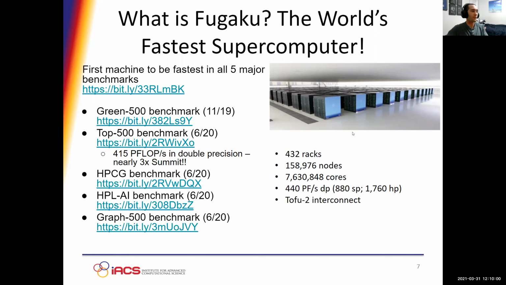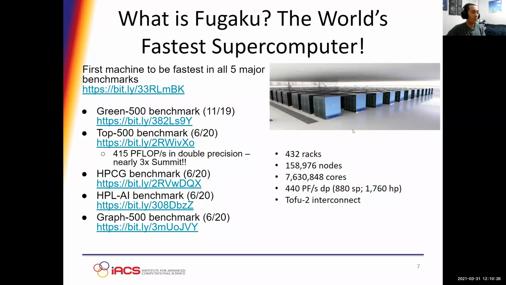The processor was designed for this computer, and it is the first supercomputer to take the top position in all 5 of these major benchmarks, ranging from Green 500 for energy efficiency to Top 500 and Graph 500. Both go in different directions: either graph processing algorithms and execution, or just general floating point operation calculation.